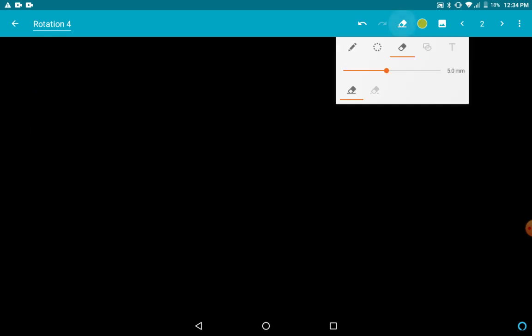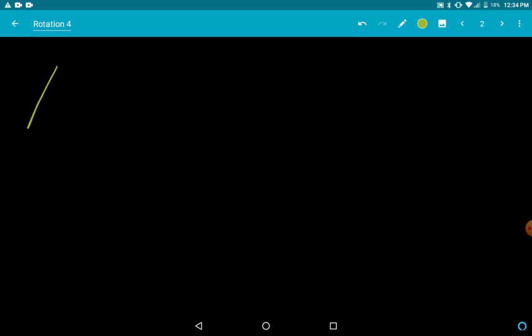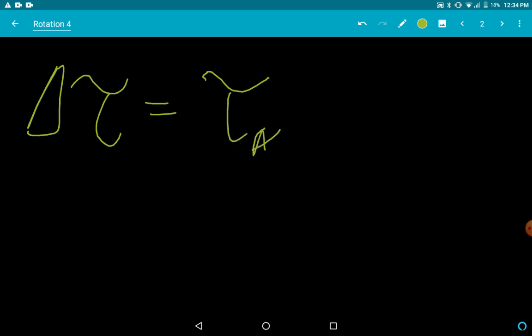Okay, so total difference means, so delta means difference, so it means total anti-clockwise minus total clockwise. I am just writing total anti-clockwise minus total clockwise because anti-clockwise is more in value.